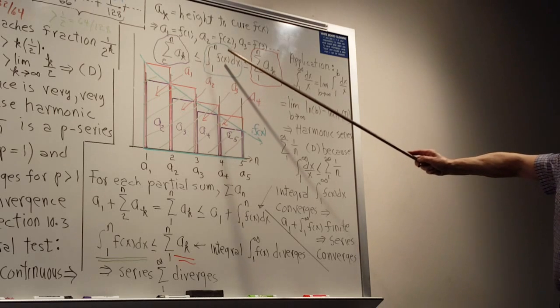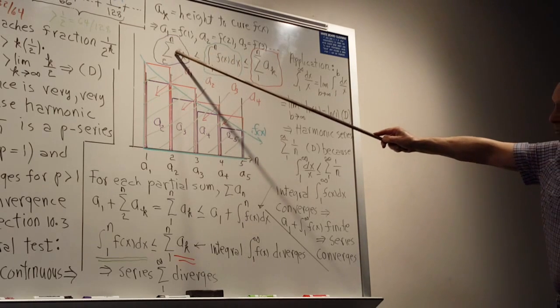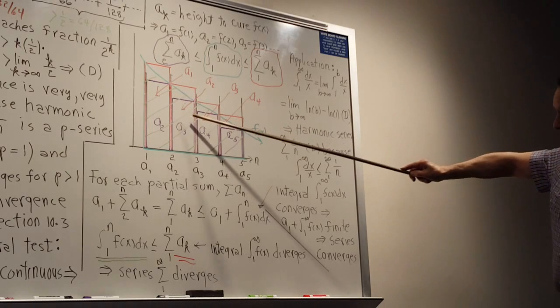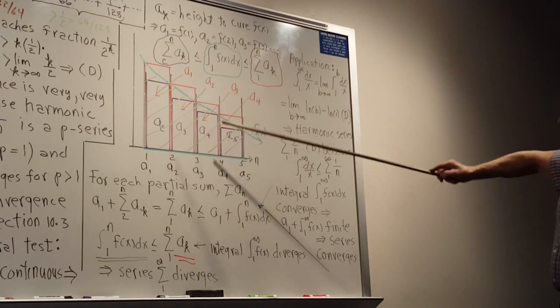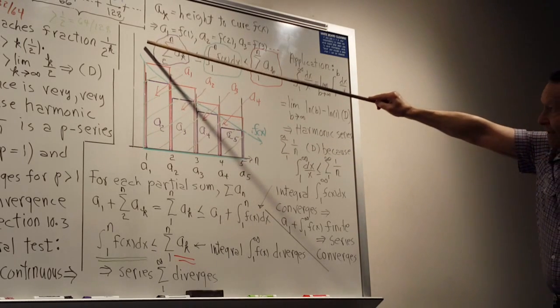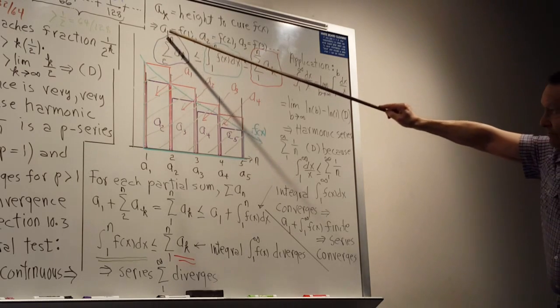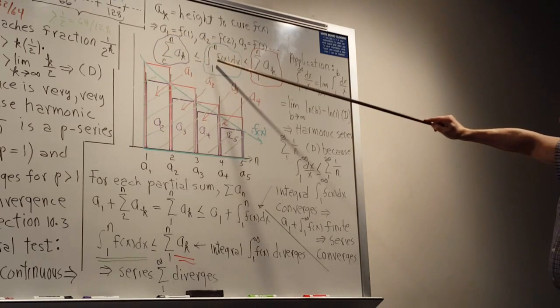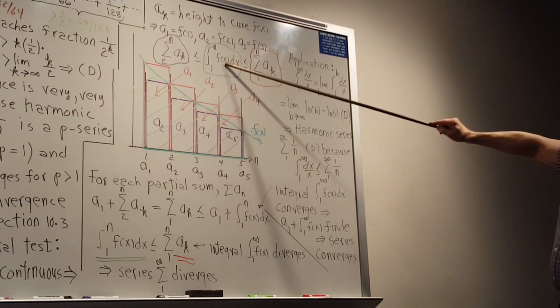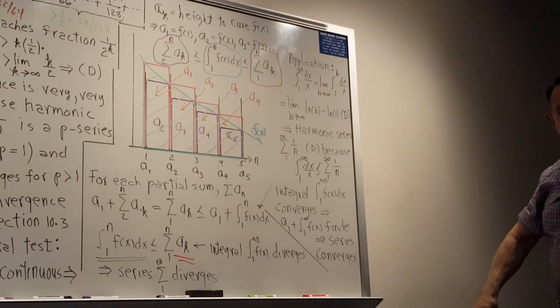And as I said, if this converges, that's more than the sum from 2, the sum of the purple rectangles, and then you can add a 1 there, which gives you the whole series. So A1 plus the integral is a number if the integral converges.